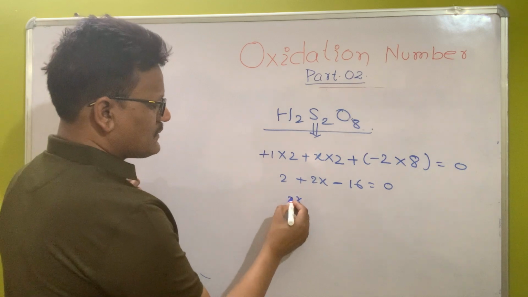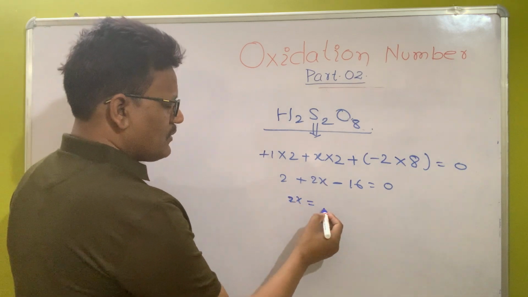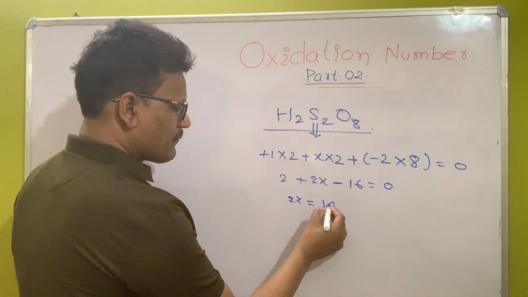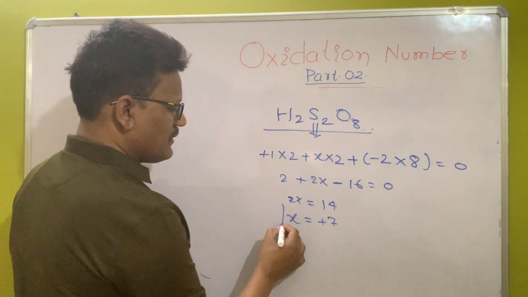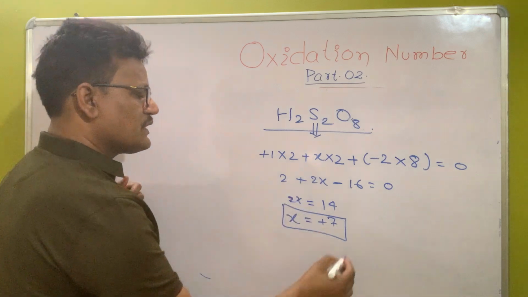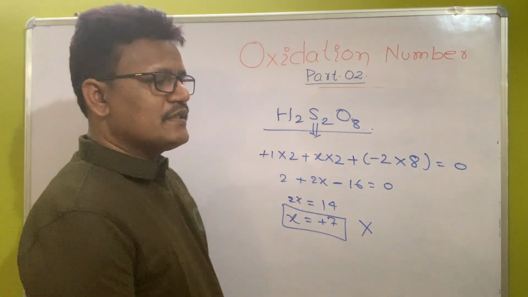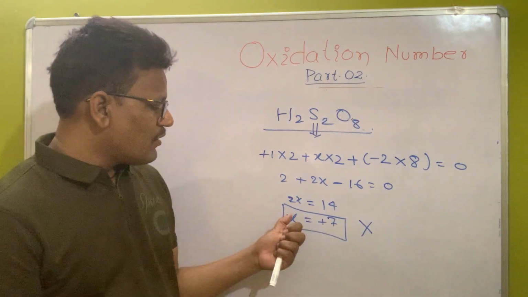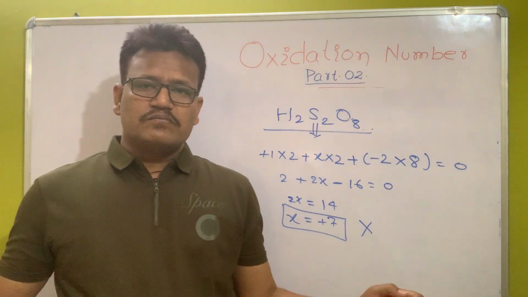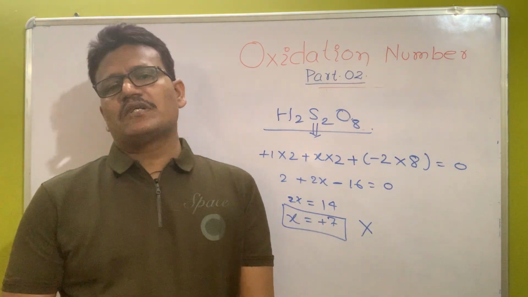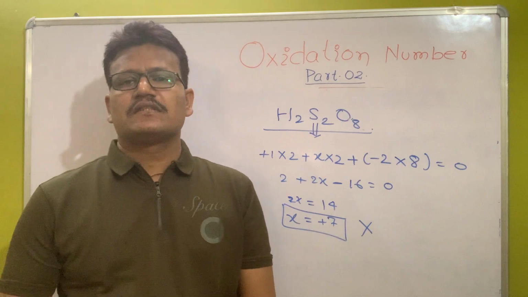So 2x equals 14 and x will be +7, which is not correct. This can never be the oxidation number of sulfur because the maximum oxidation number of sulfur is +6, that we know.